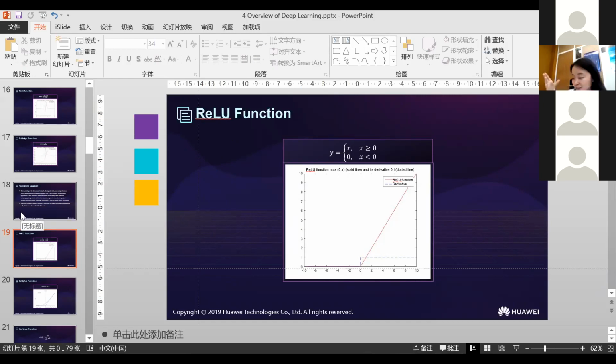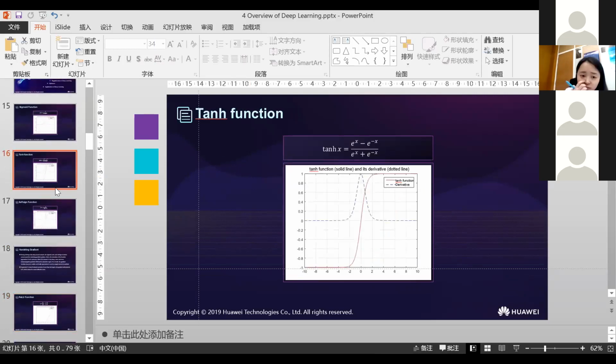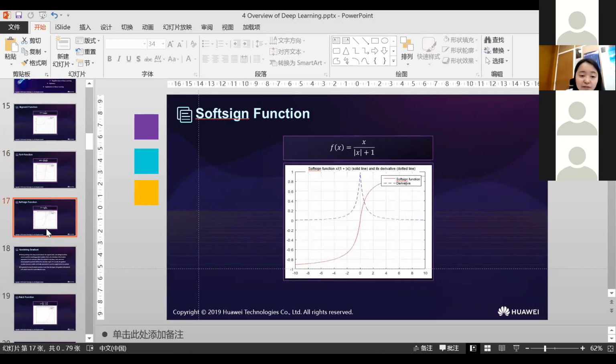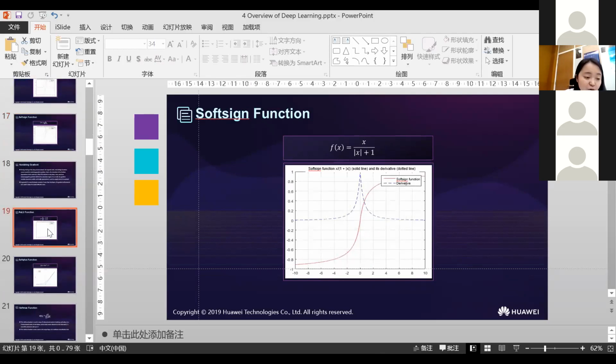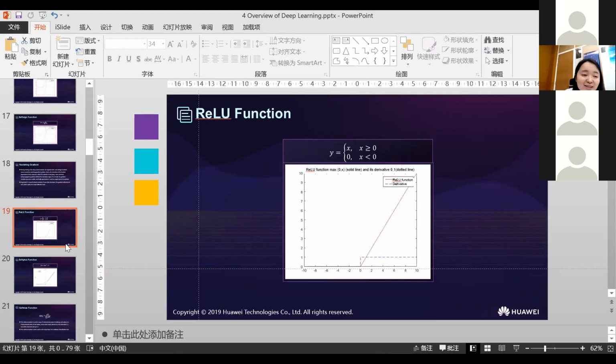Just like the rule we introduced for activation functions, we will try ReLU or the variants of ReLU, and for models related to natural language, related to sequential data, we will try the tanh function or the variants of tanh function. That is just like the rule. We will try ReLU first for computer vision models.